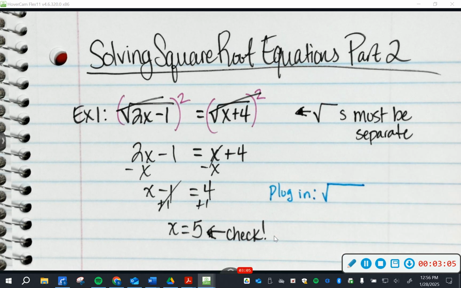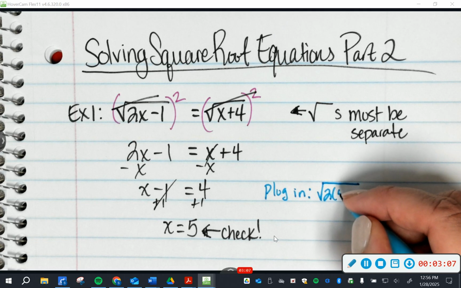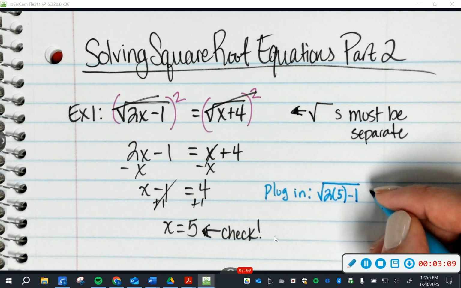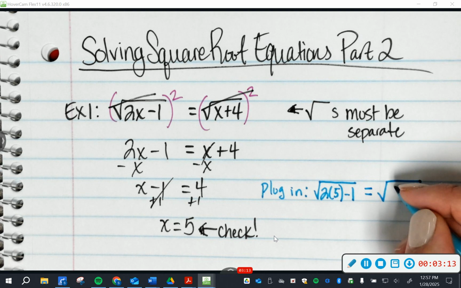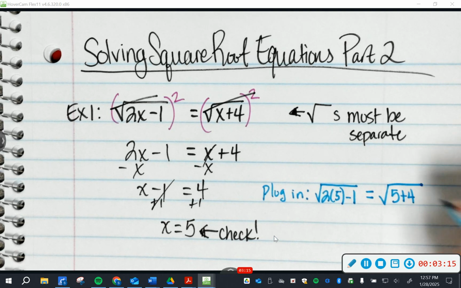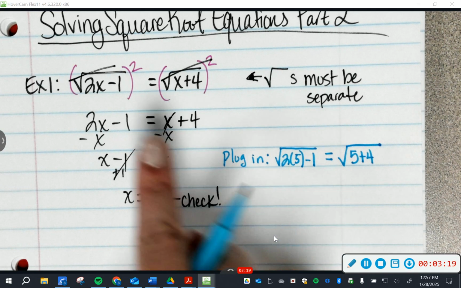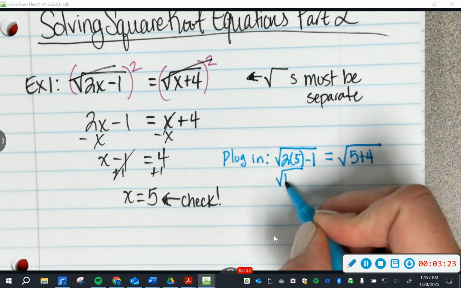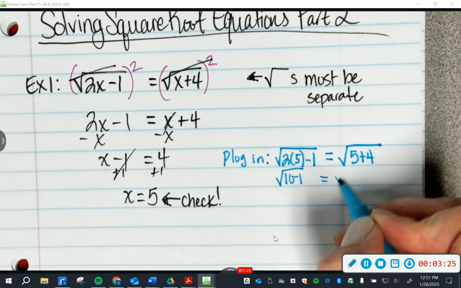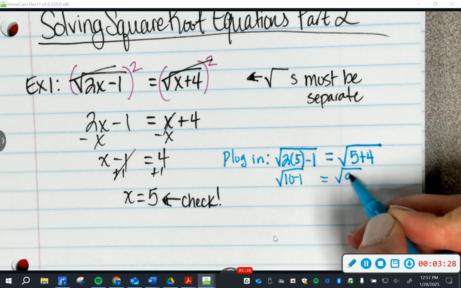So is the square root of 2 times 5 minus 1 equal to the square root of 5 plus 4? So I'm plugging in 5 twice because there's 2 different x's. So 2 times 5 is 10. 5 plus 4 is 9.